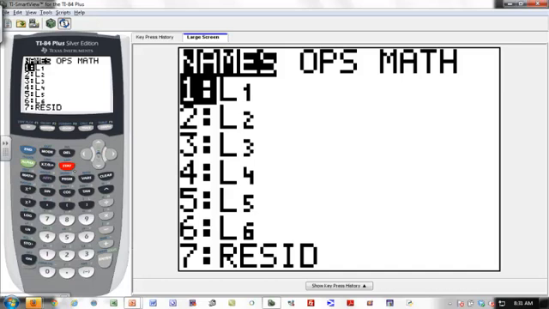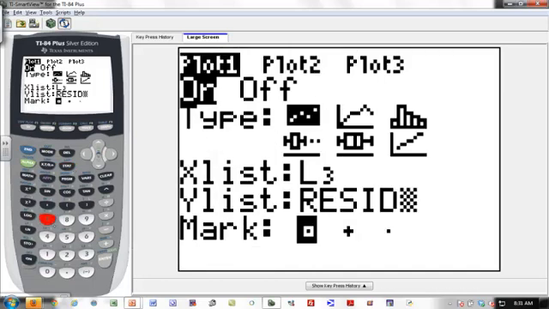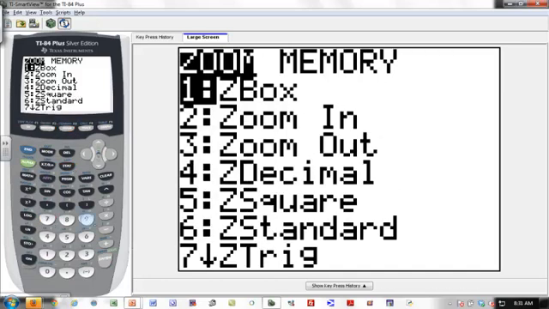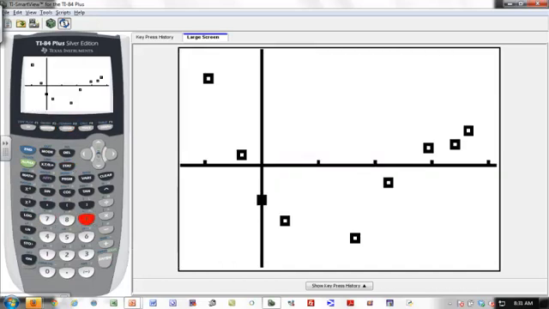Second list resid. Enter zoom 9. Ooh. That looks patterned as well. No, because we've got to do it against the X data, which is in L3.